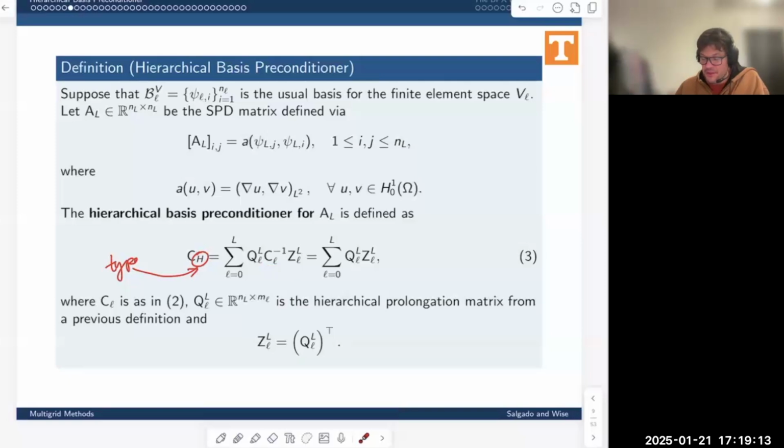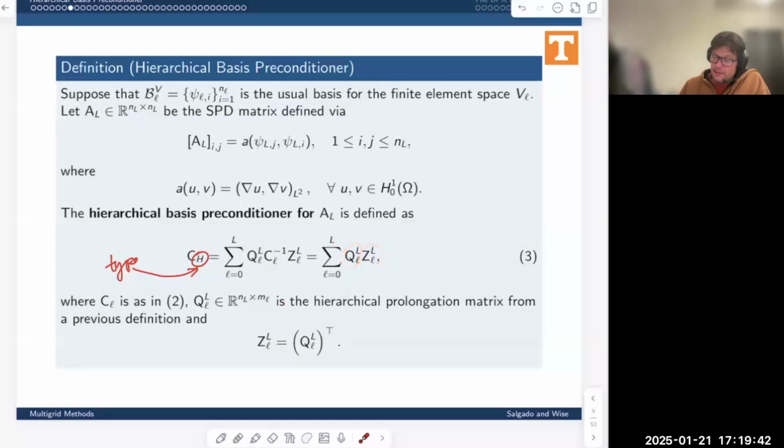But each one of those is equal to the identity, so there's nothing really here. I've already defined my Q matrices, the prolongation matrices, and ZL is just equal to the transpose of those. And so my preconditioner is just equal to the sum, L equals 0 to capital L, QL ZL. So these are my prolongation matrices from the hierarchical basis, and these are their transposes.